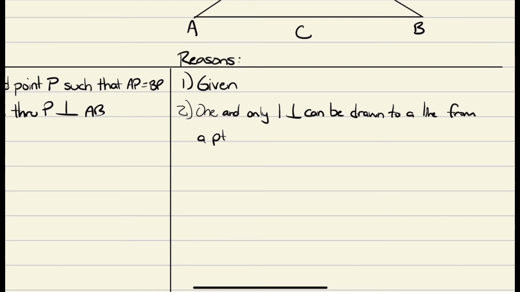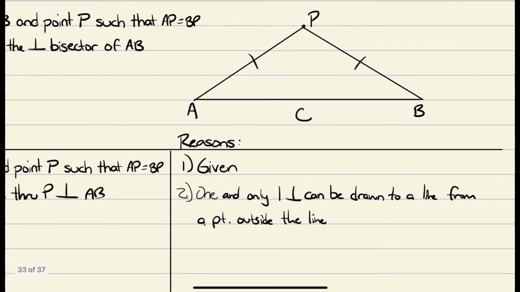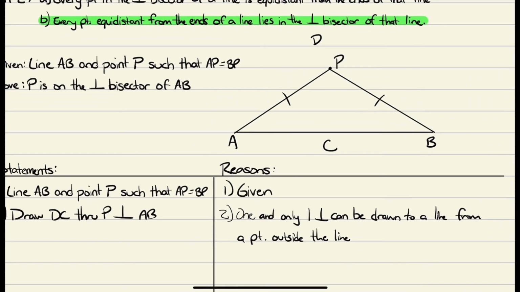So if I draw a line through point P, there's only one line that can go through that point that is perpendicular to AB.